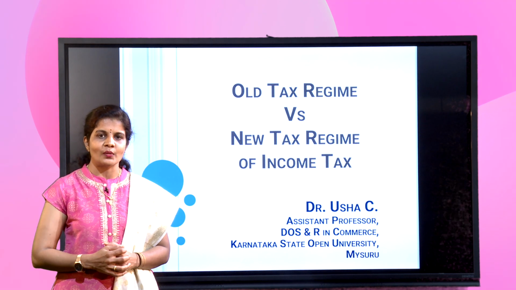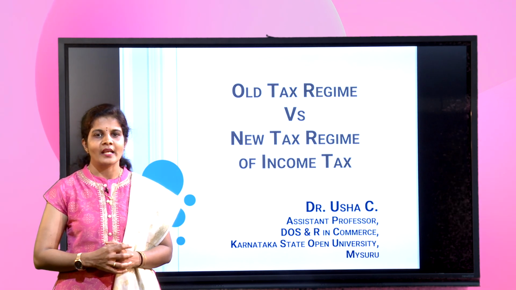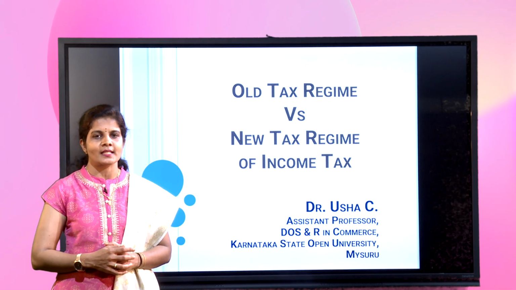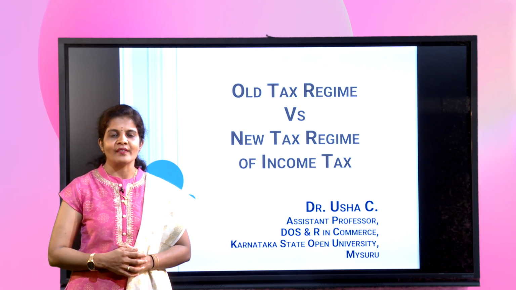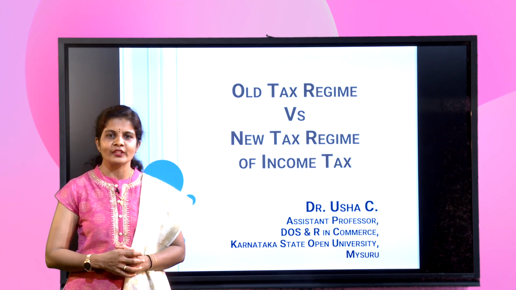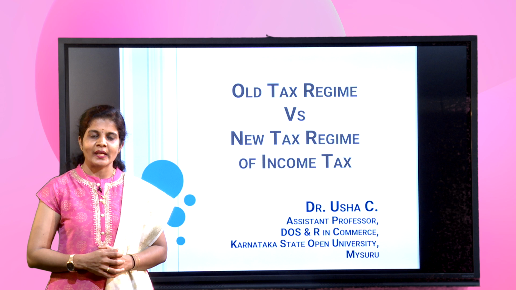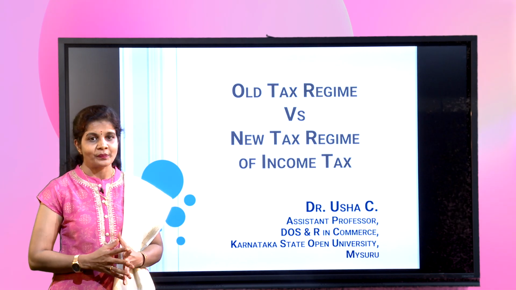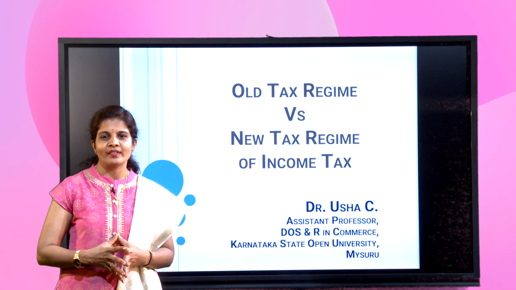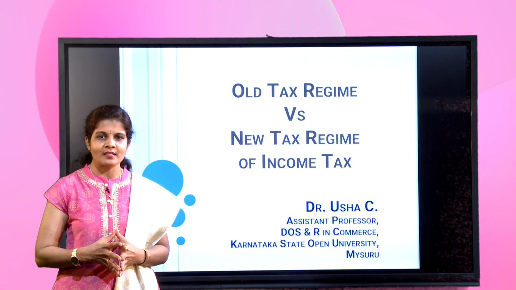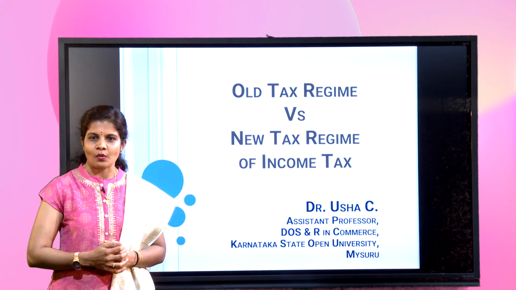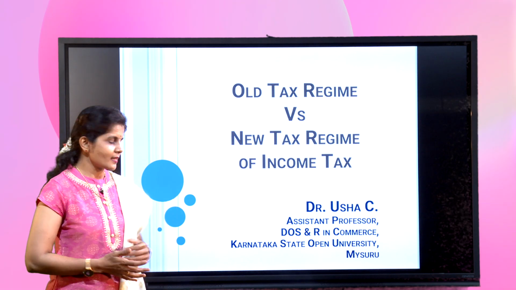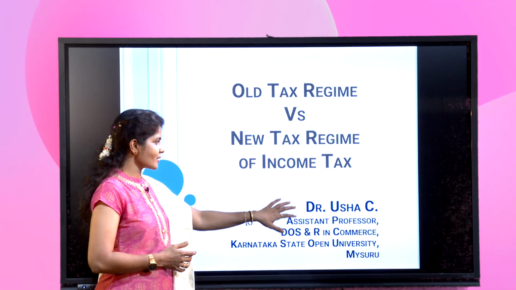With the introduction of the new tax regime, the central government has given individuals an option to pay very less tax. But still we have confusion about which tax to consider, the old tax or the new tax. Let us discuss that in detail.